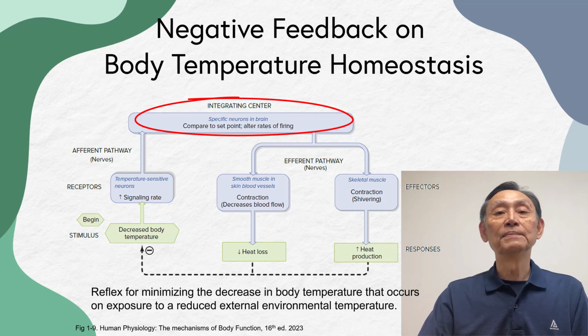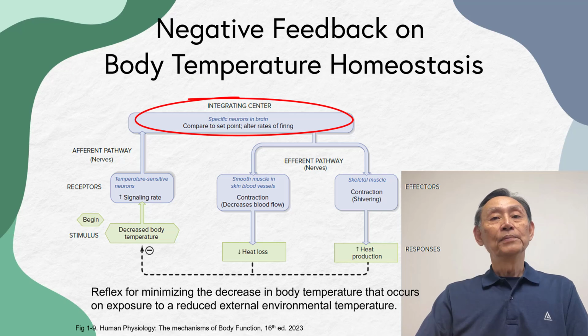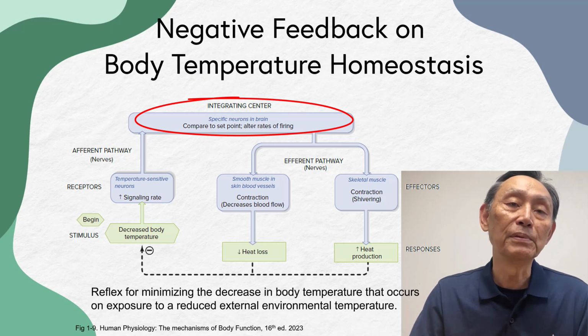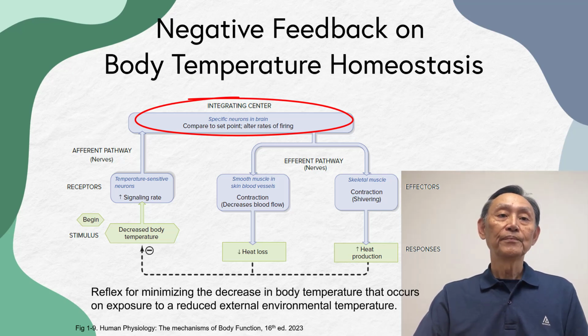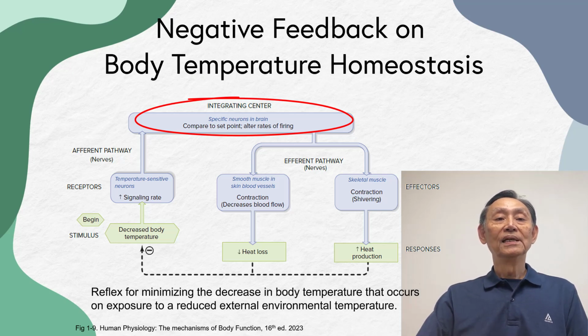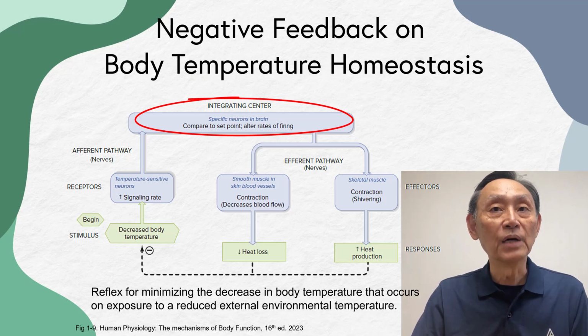Shivering of the skeletal muscle will produce more heat, increasing heat production. Both the increase in heat production and the decrease in heat loss will bring our decreased body temperature back toward normal. So this reflects minimizing the decrease in body temperature that occurs on exposure to a reduced external environmental temperature. This is how it happens.